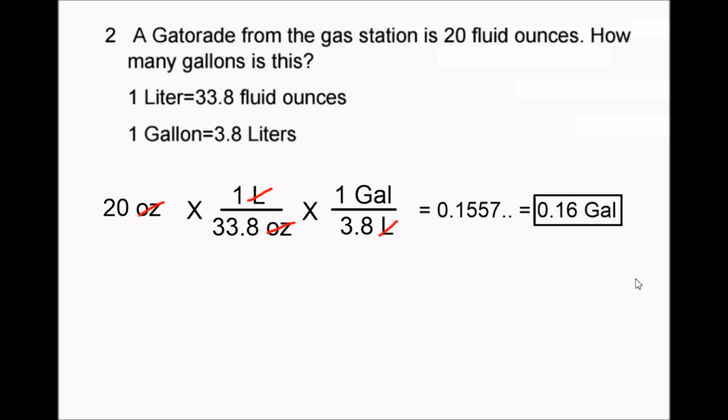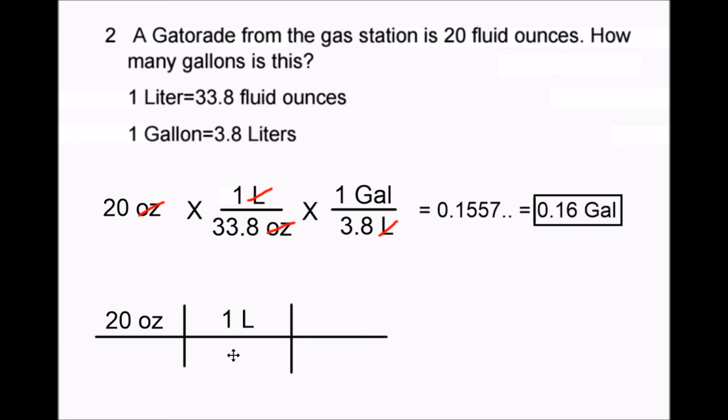Now, if I was going to use the monorail method, it would really look very similar to this. I would start off by writing what I start with, and then I would draw my monorail lines, and then I would fill in the monorail my conversions. Now I'm not really thinking about them like fractions, more than I'm just filling in the conversion factors where they belong.